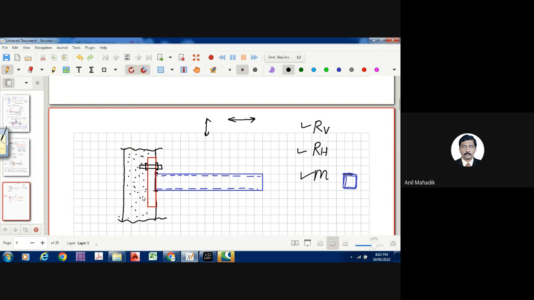So I will put one bolt over here, one bolt over here. से कुछ तो bolting करेंगे इस प्लेट को, correct? और यहाँ weld करना पड़ेगा.